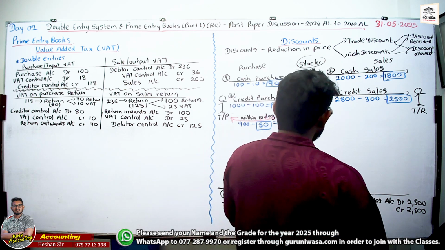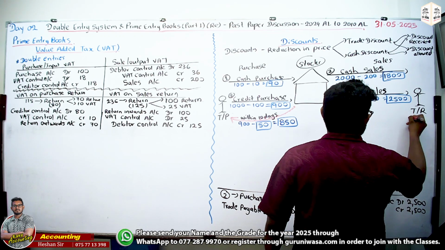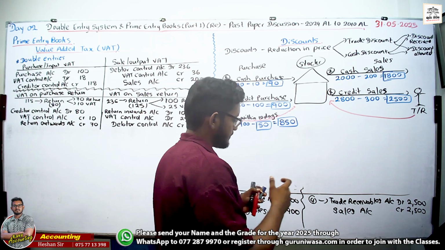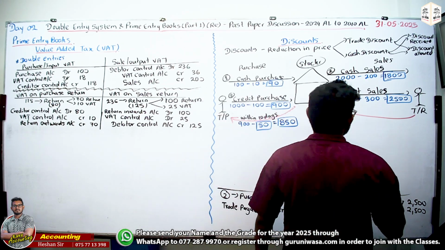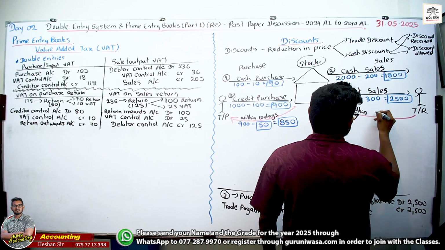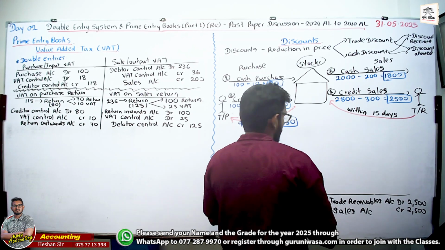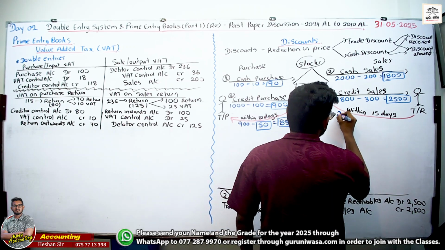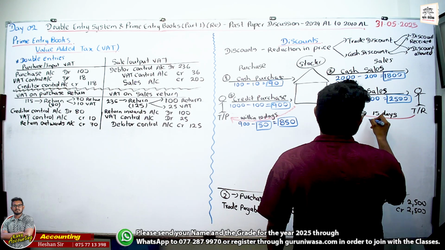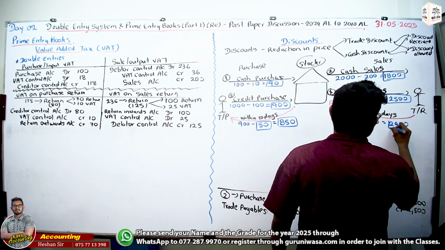So this debtor or trade receivable made the payment later. I'm imposing a condition: if you pay within 15 days, from this 2500, you only need to pay 2400.